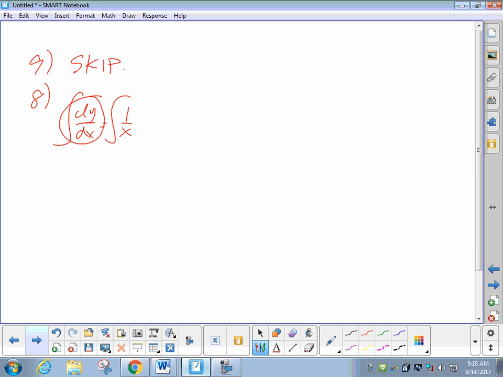The antiderivative of the derivative is just the thing. Here's a little bit of a gotcha. What gives you a derivative of 1 over x? Natural log, but you don't forget the absolute value. And then there could have been a constant there that went away with the derivative. So there's your answer.